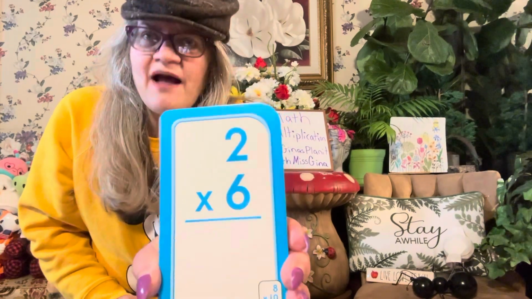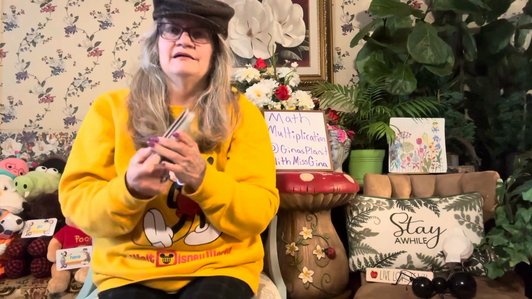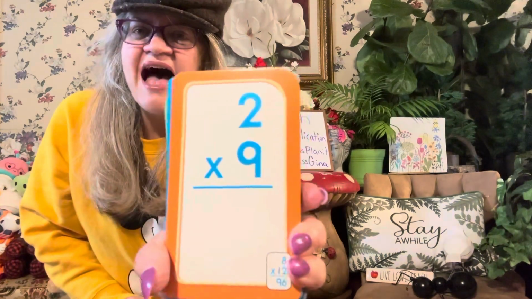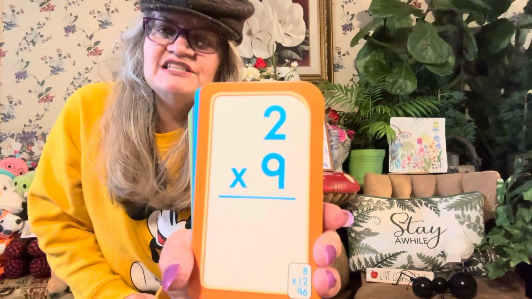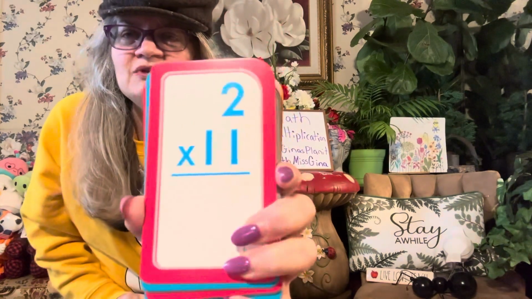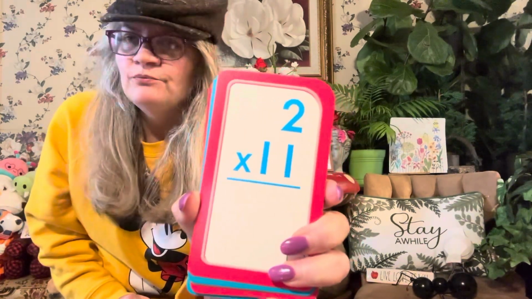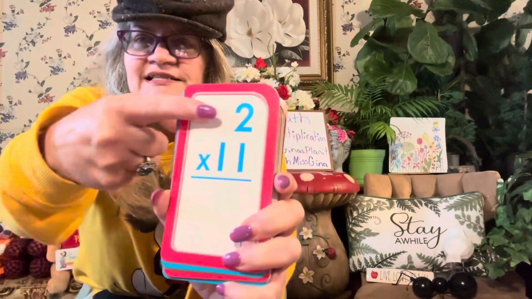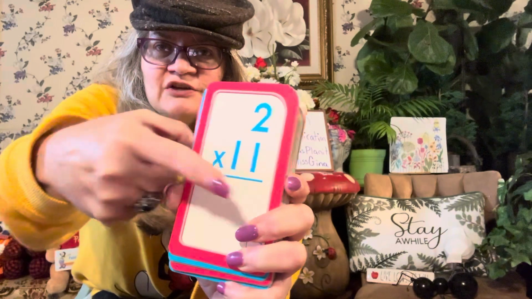You're right, it's 12. 2 times 9 is 18. It's 2 9s. What about 2 times 11? Tricky? No. You have 2 11s. Or you could say 2 times 1 is 2. 22.